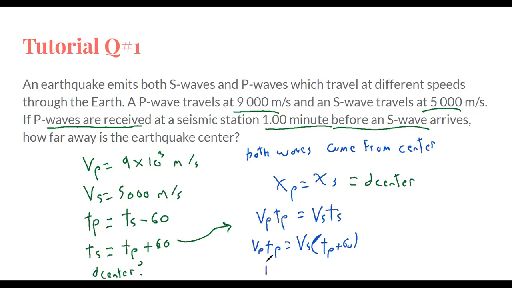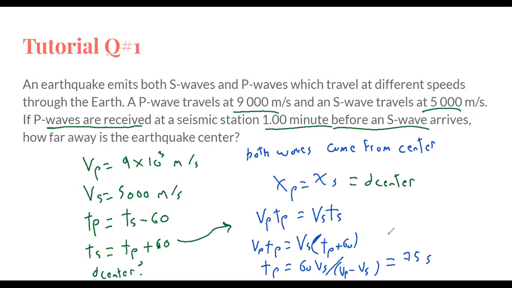With a bit of algebra, you should get that the time is 60 times the speed of the S wave divided by the difference between the speeds. At this point, everything on the right side is a number. You can plug this into your calculator and you should get the time being around 75 seconds. So that means that the P wave gets to you in 1 minute and 15 seconds.